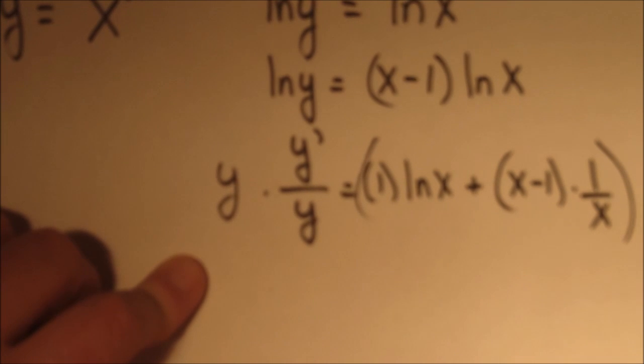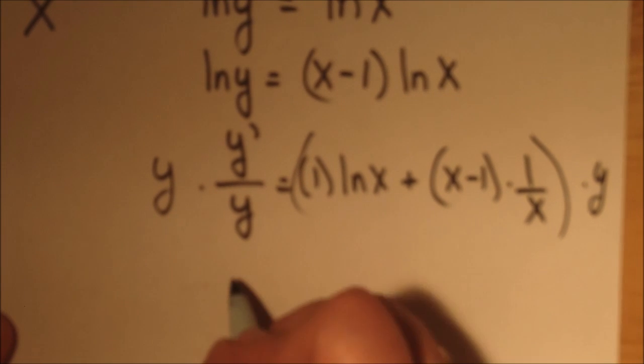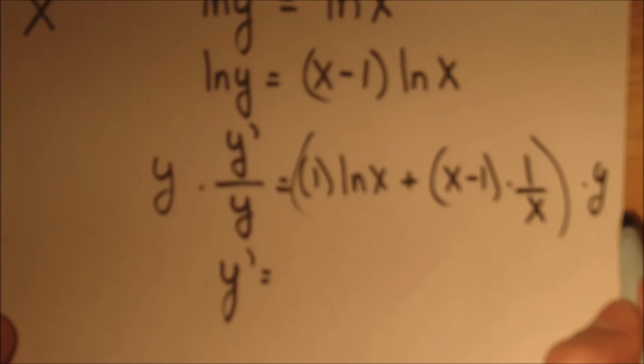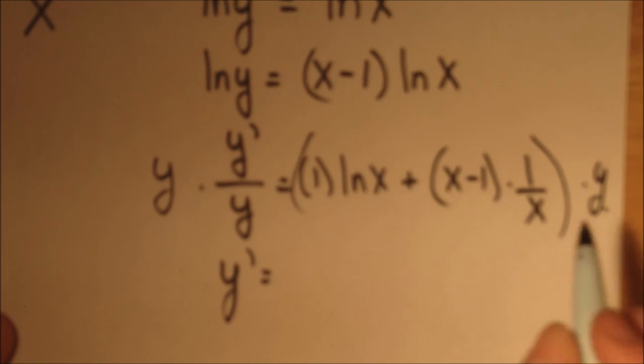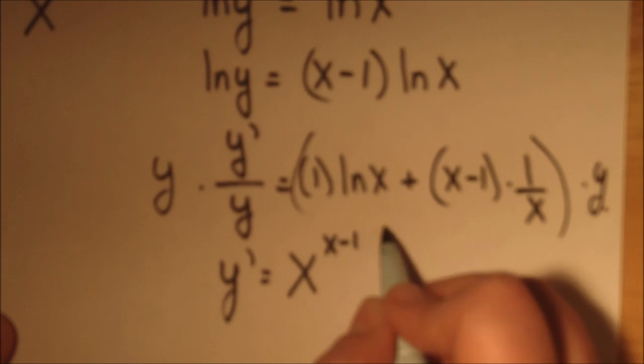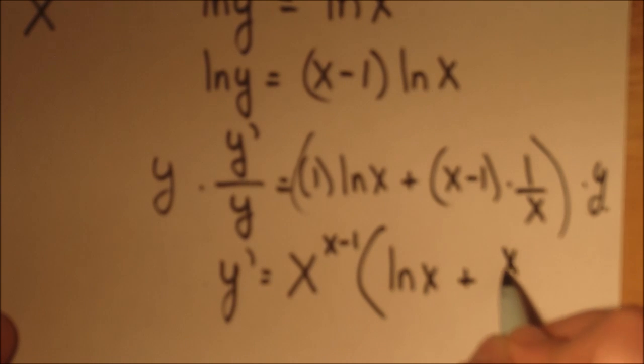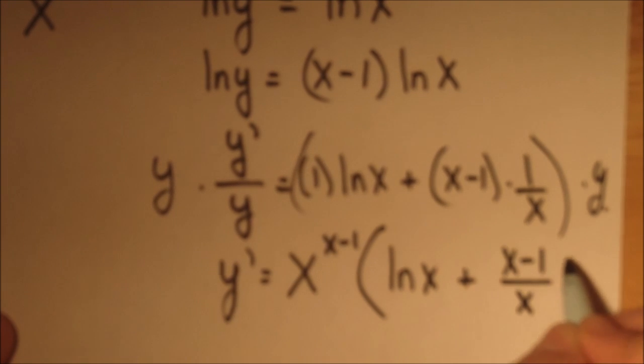All right, but I don't want to leave it as just times y, so I multiply it by, what is y in terms of x? All right, and so y is x to the x minus 1 times this in parentheses.